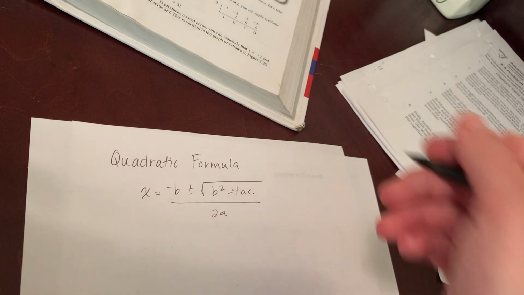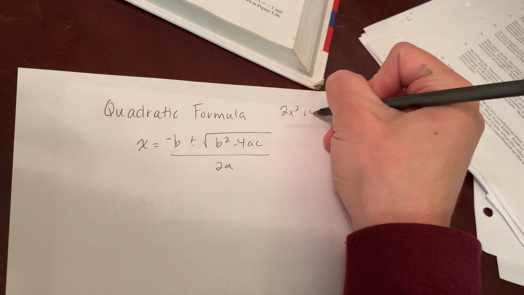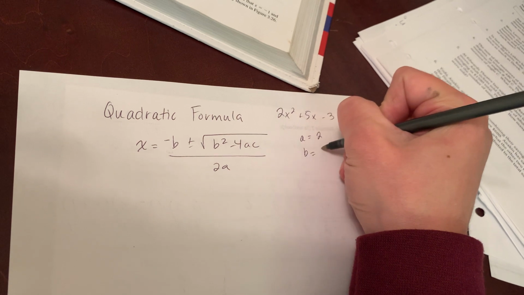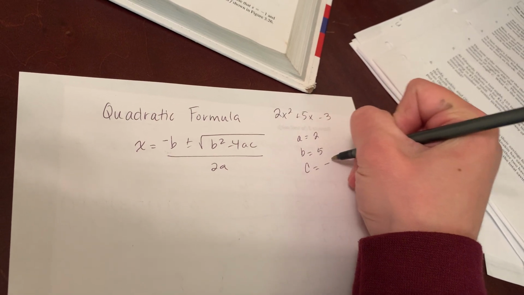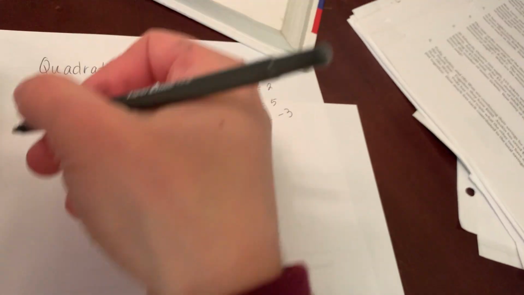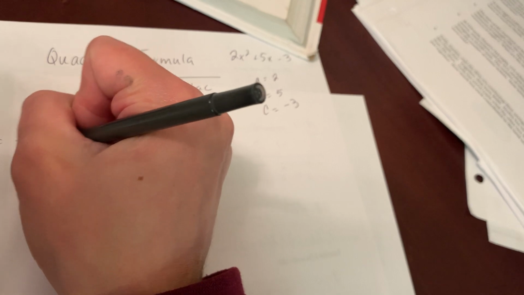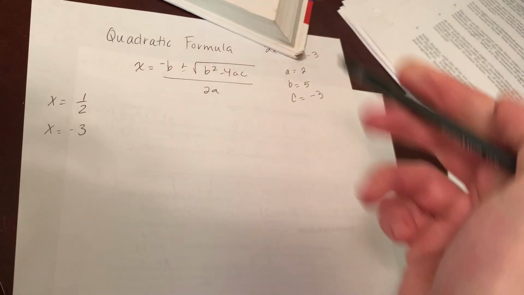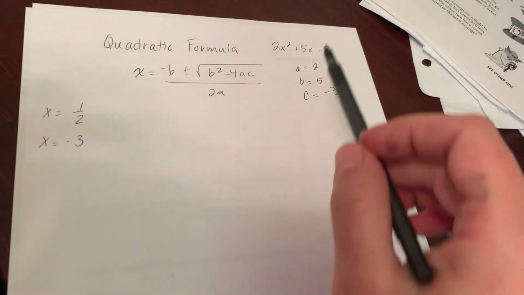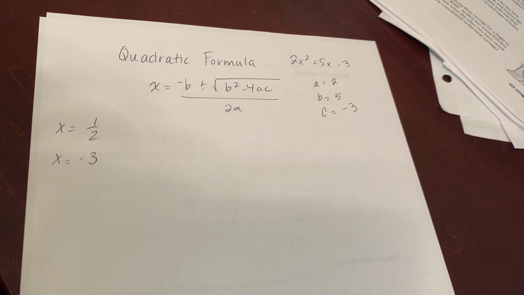2x squared plus 5x minus 3. So your a is 2, your b is 5, and your c is -3. When we solved this earlier, we got a 1/2 and a -3. So if we use this formula, we should be able to get 1/2 and -3. Like I said, you can use this if you don't know how to factor.